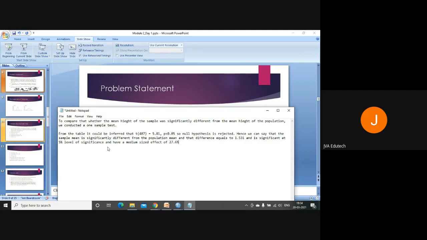If you mention this, it would be useful because it will tell whether the difference you are getting is creating some effect on your population or not. Because if it is not creating any effect, if it is not having a significant representation in the population, then that value is of no use.